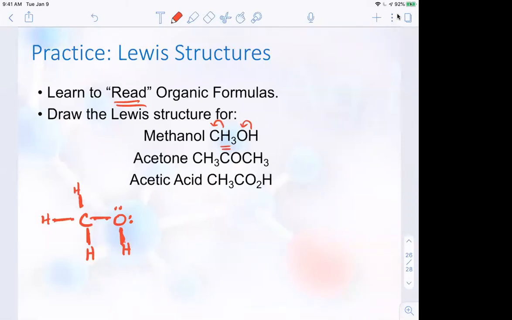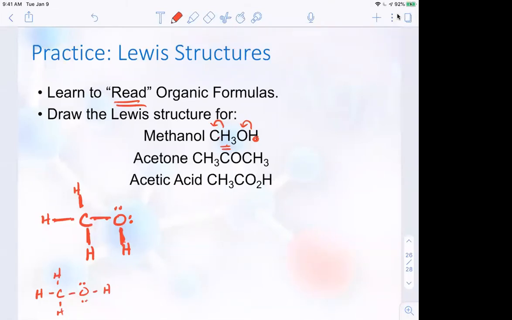I used the idea that I'm going to read left to right, where these three hydrogens are attached to the carbon, the carbon is attached to the oxygen, and this hydrogen here is attached to the oxygen, and then I end up with that. I could do this in another way. It doesn't matter if I draw it like this. You could draw it any way you want to, as long as your structure is right.